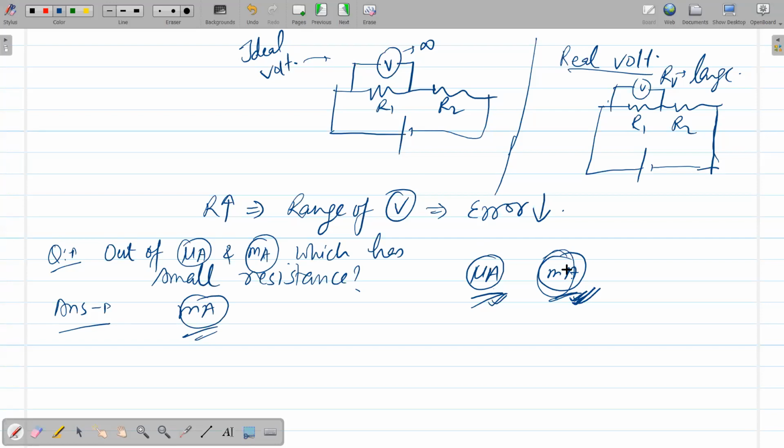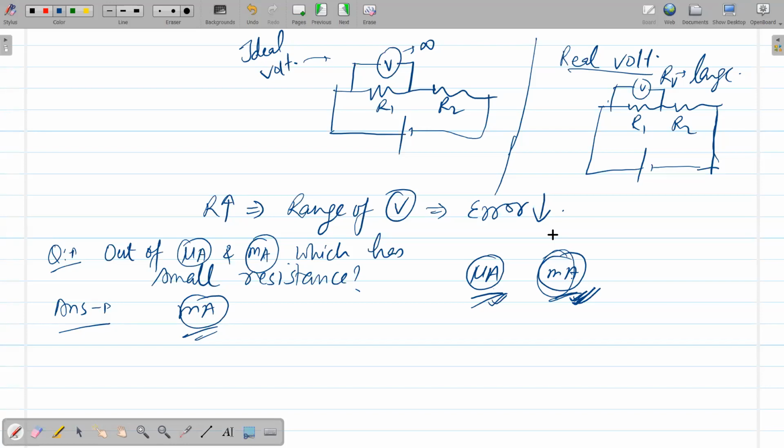Tell me one more thing: which one will be more accurate, milli or micro? Students, I just told you that smaller is the resistance.